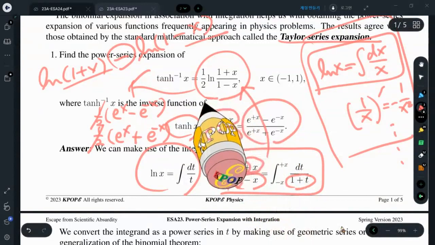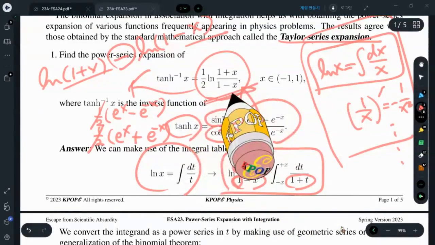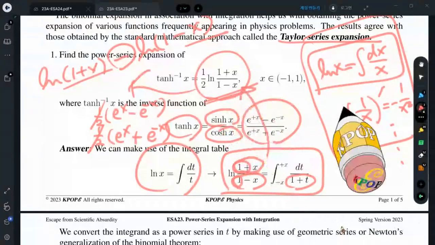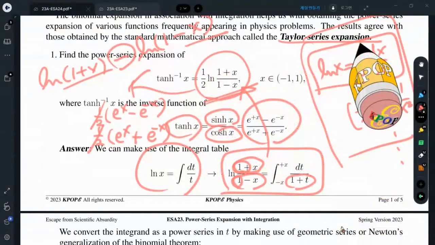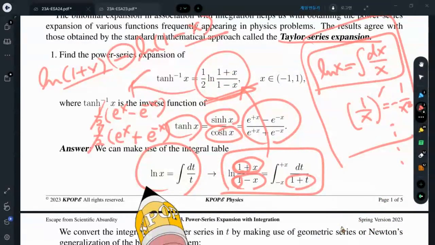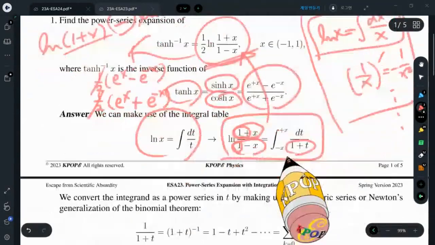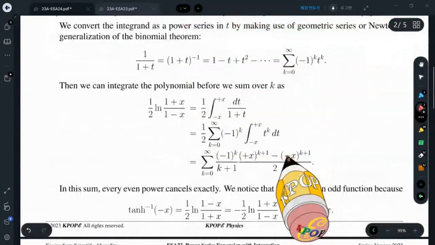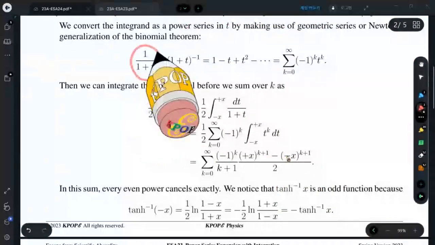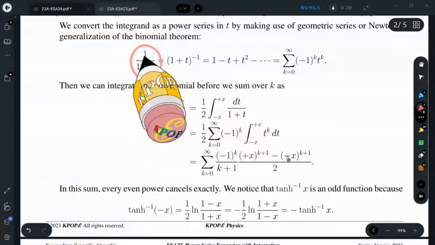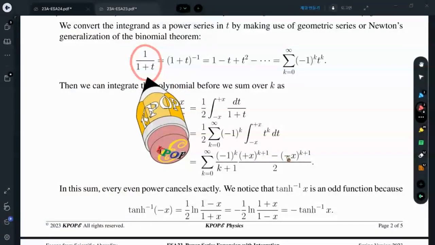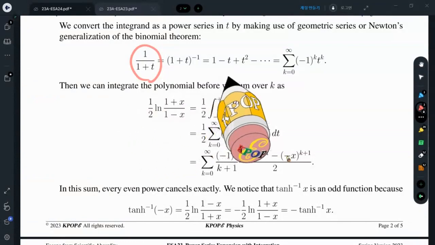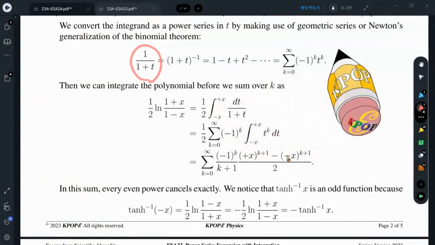So I could have taken the derivative to infinity to find out the Taylor series expansion, but there is a much simpler way. Because I know 1 over 1 plus t is a sum of power series to infinity.